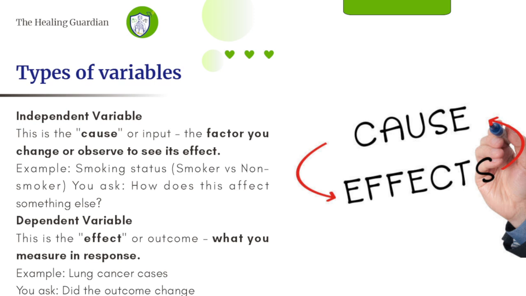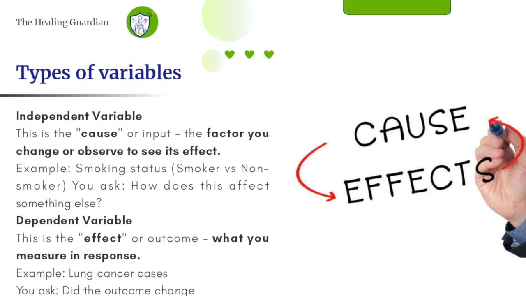In other words, it is a factor you change or observe to see its effect. If you're looking at the relationship between smoking and lung cancer, which one are you considering the cause? Of course, it will be smoking. Smoking will be the independent variable.